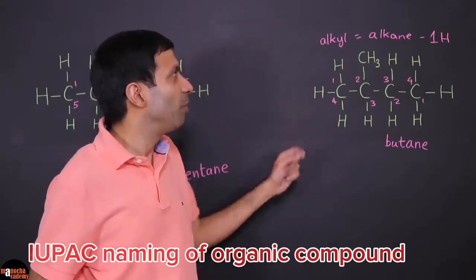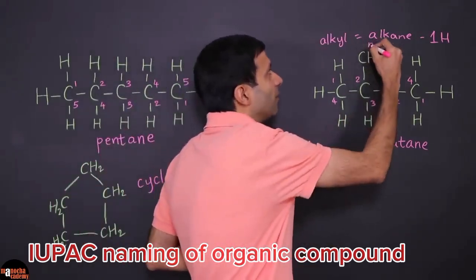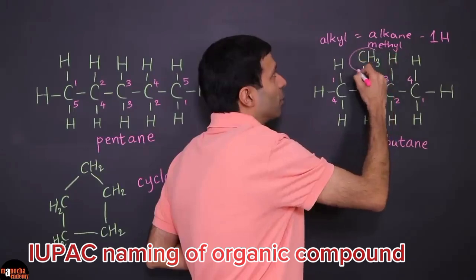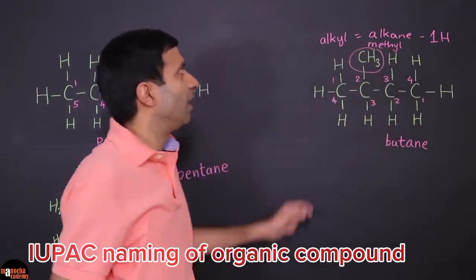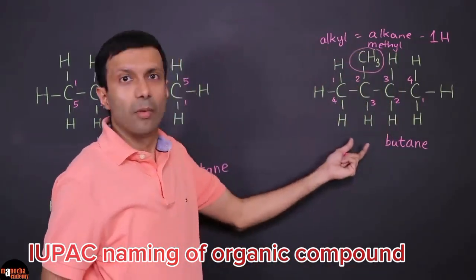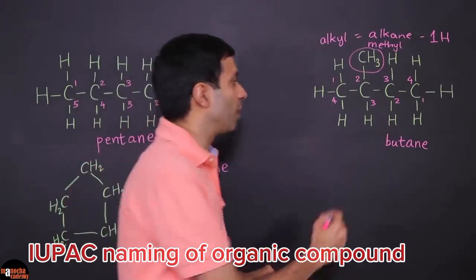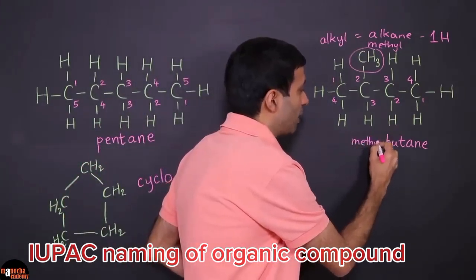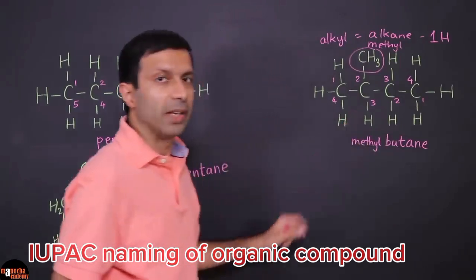But this will now be called methyl, because it's an alkyl. And the alkyl name comes in the prefix. So you have to put it over here in the beginning of this name. So we have basically a methyl butane here.